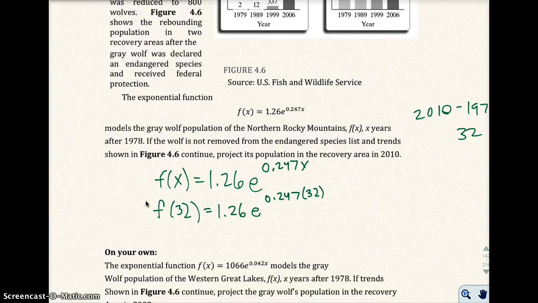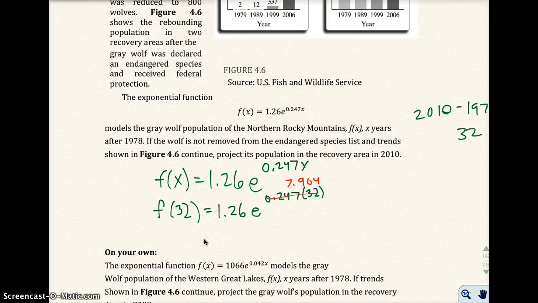And I'm going to go ahead and replace this with 7.904. And then I'm going to type this on my calculator: 1.26 times e to the 7.904.